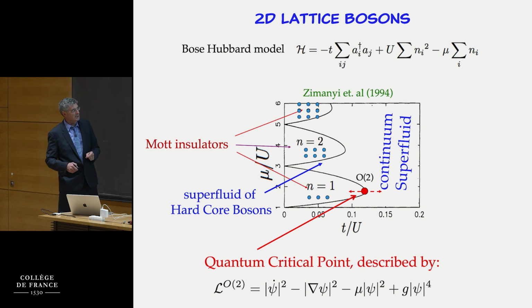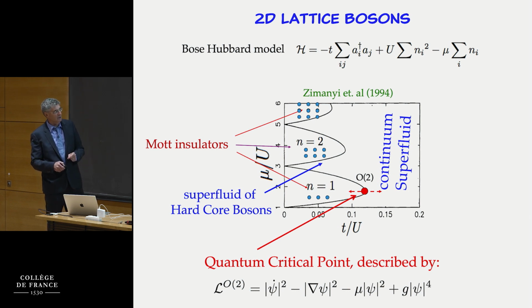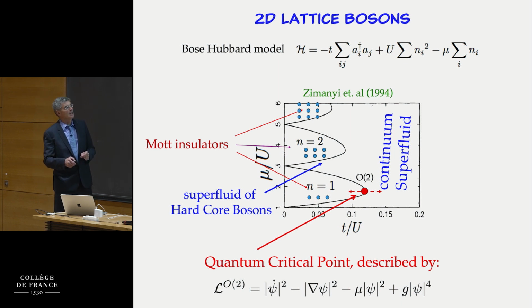It has second derivative in time. It has particle-hole symmetry around it. So it has symmetries that you don't have in this limit, which is the Gross-Pitaevskii limit, where you have psi star, psi dot, instead of psi dot absolute value squared.